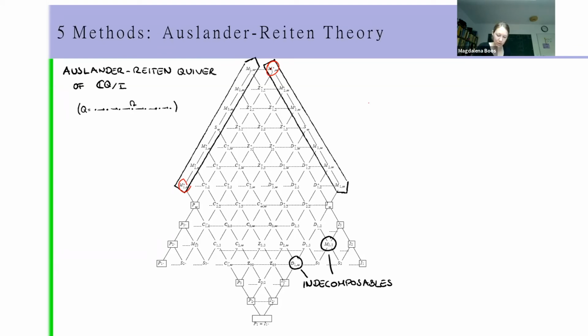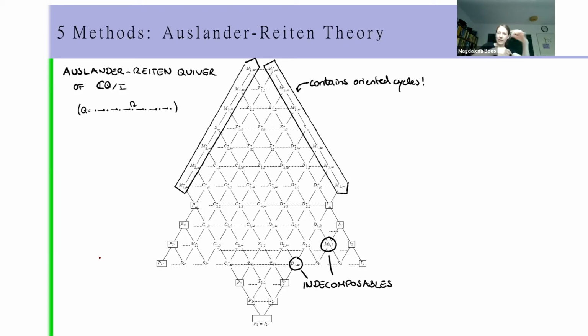So in the quiver, they have to be identified. And this means it twists around and we have to glue this together. So we have oriented cycles in the Auslander-Reiten quiver. I think this is just interesting. So we have exact sequences going in and out, and we have to be careful whenever we study this.